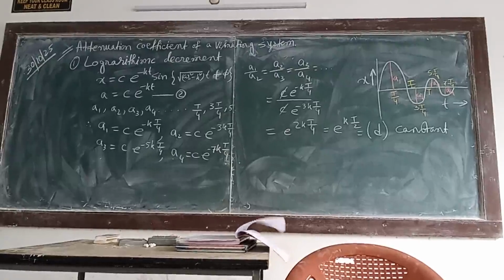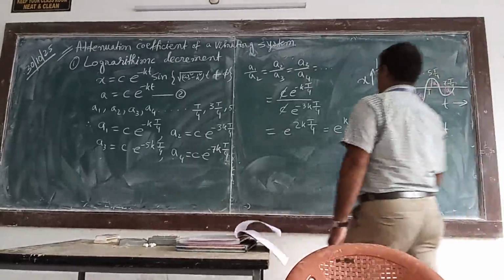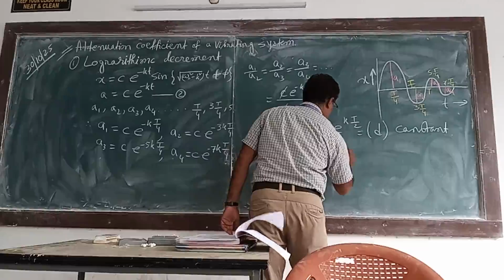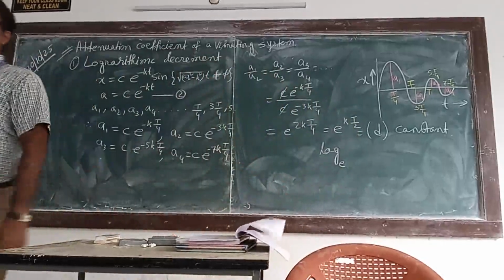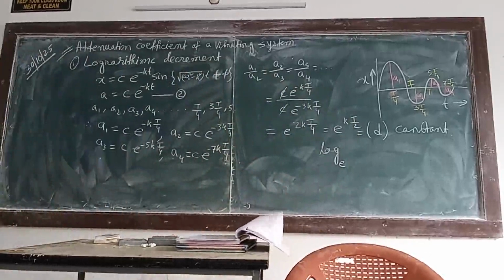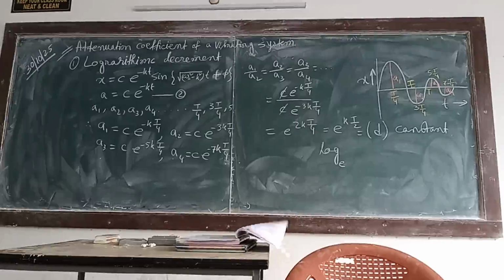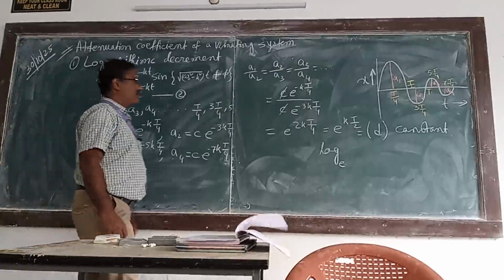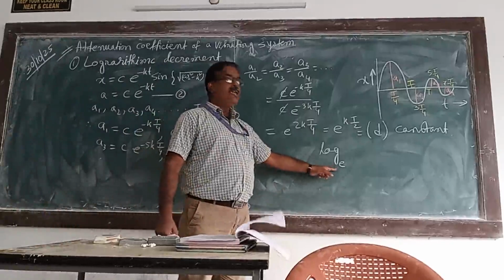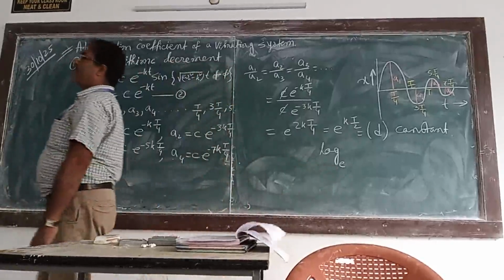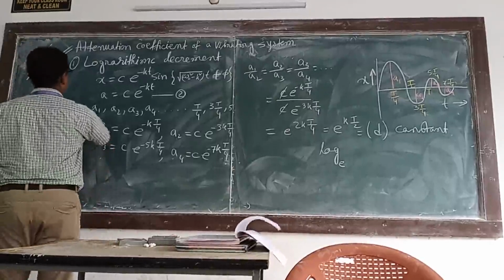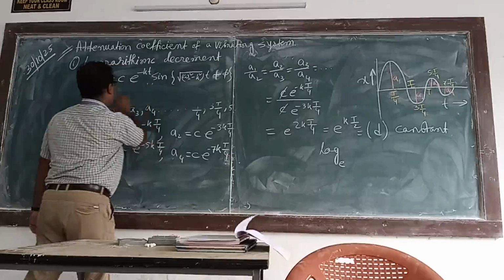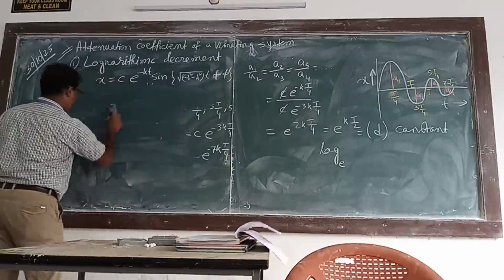The log base e, that is ln, of this decrement is called logarithmic decrement.